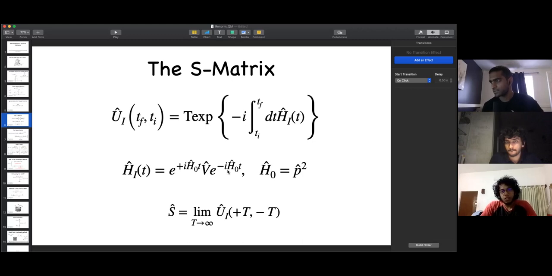So how would we see this? Why am I compelled to do this bracket formalism?